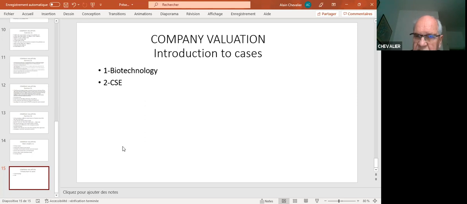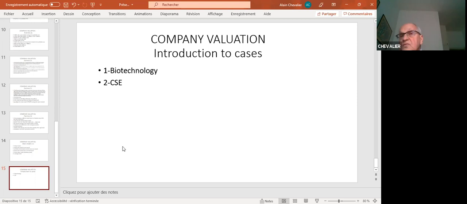Because if you have a look at Exhibit 1 and Exhibit 2, you will remember that you have got the risk-free rate. You have got also the expected return of the market. And you have also a calculation result of the beta of the company.